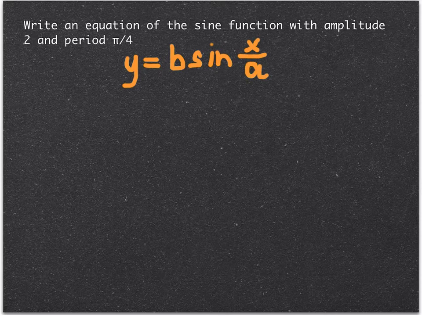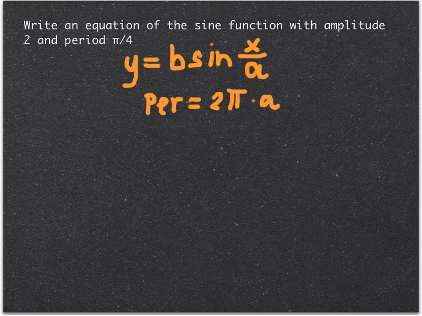But remember, a is not the period, but we do recall that the period equals 2 pi times a, or as we recall from that other slide, if I solve this for a would equal the period divided by 2 pi.